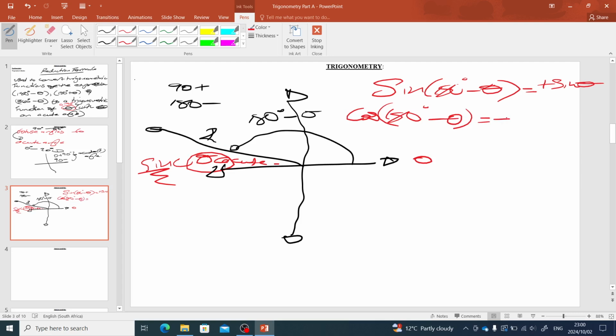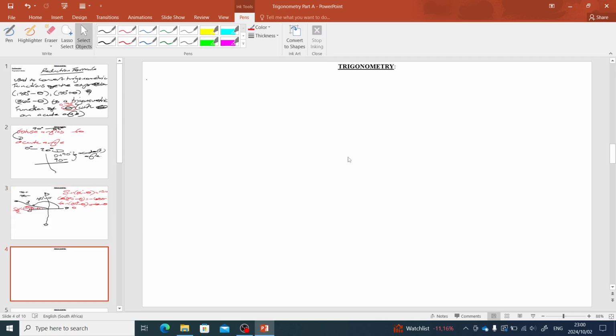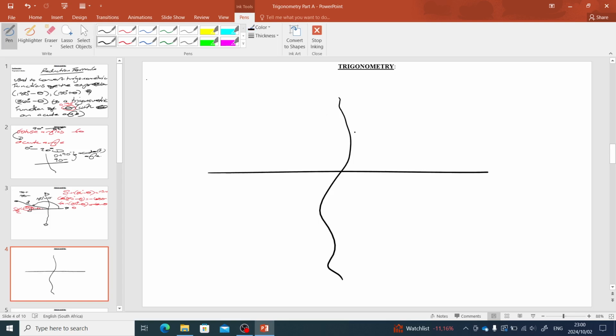It means here we are having negative cos theta. If we are dealing with tan, it will be tan of 180 degrees minus theta. Then we know that the tan there is negative. Then it will be negative tan theta. Why? Because only sine is positive on the second quad. Okay. But on the first quad, all signs are positive.